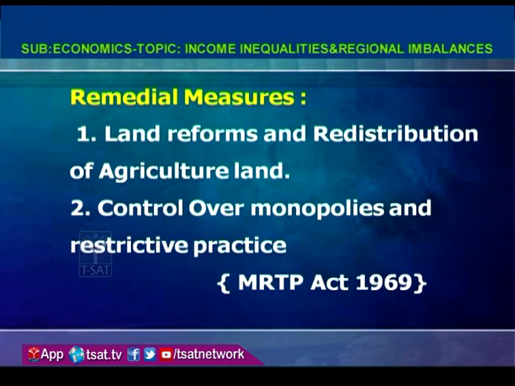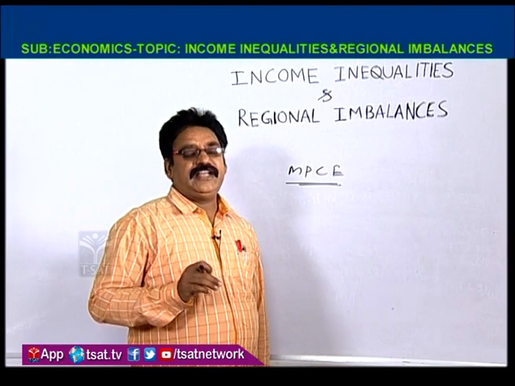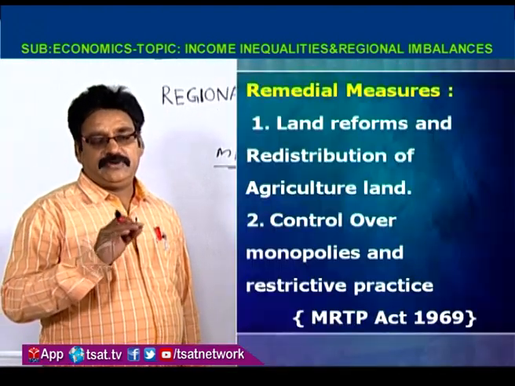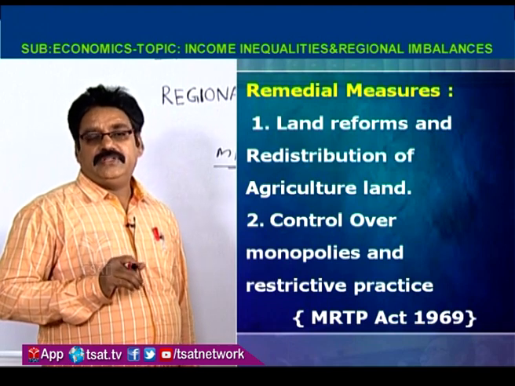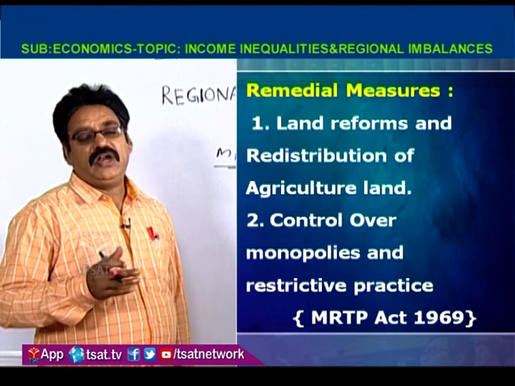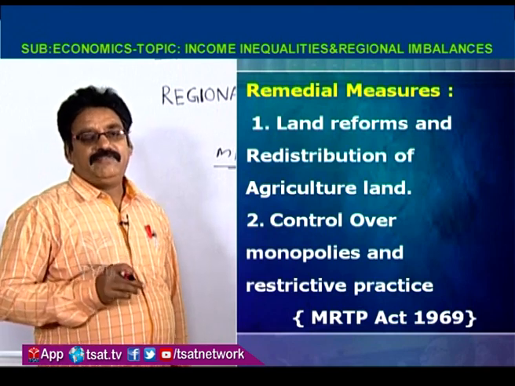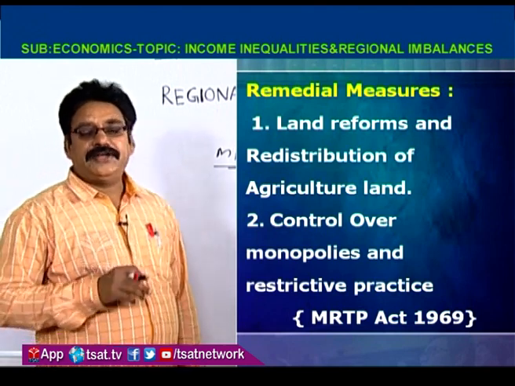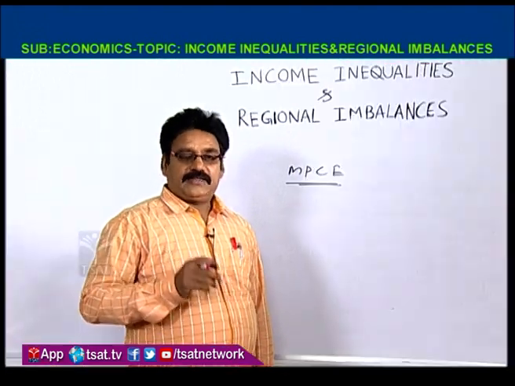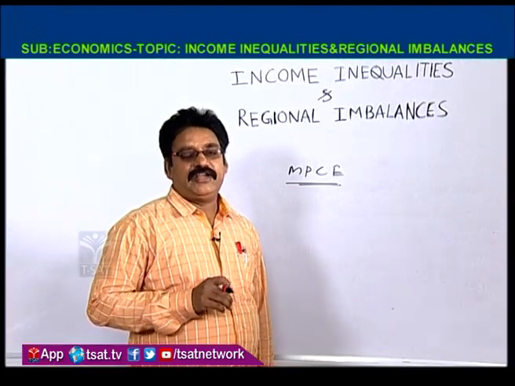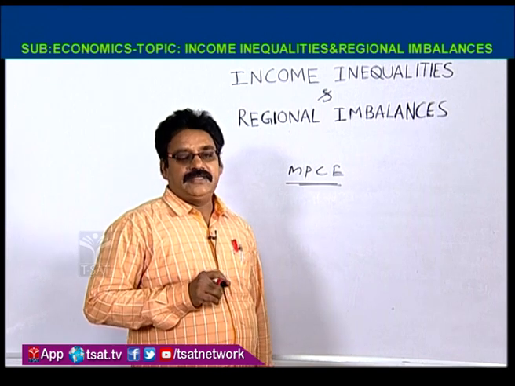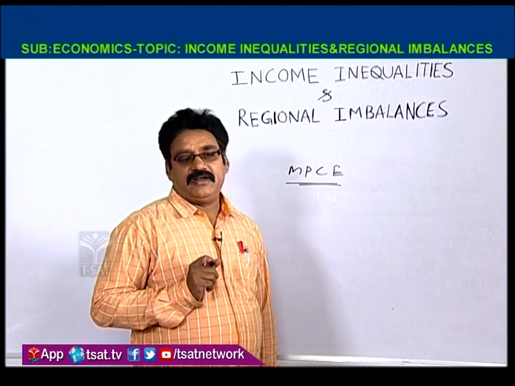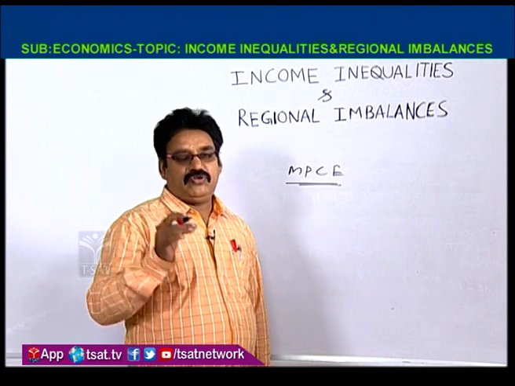The government has taken some steps. First, after independence, the land ownership acts were changed. Under the act of land reforms and redistribution of agricultural land, enacted by the government after independence, the surplus land is collected from farmers who have more land.